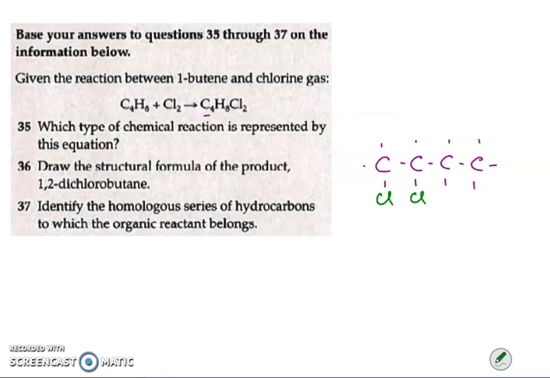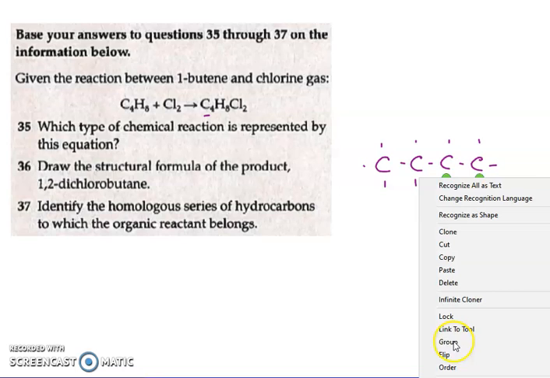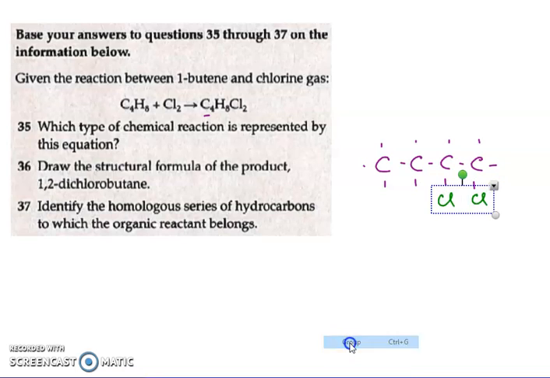That is 1,2-dichlorobutane. We could just as easily put those chlorines down there, okay? We could just as easily put those chlorines up top. I don't know why I ungrouped them. It always does that when I don't want it to. We could just as easily put those chlorines up top here, or we could put those chlorines over there. Or you could separate it and put a chlorine out front and on the second. But either way, that's 1,2-dichlorobutane.